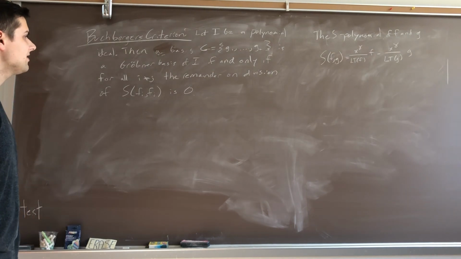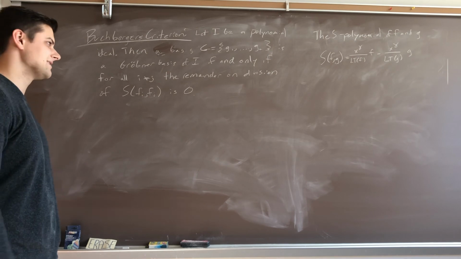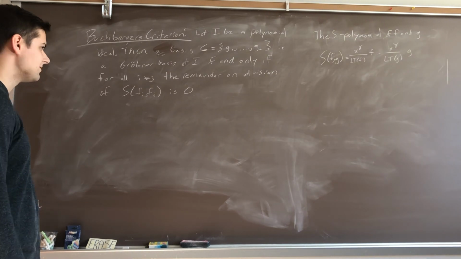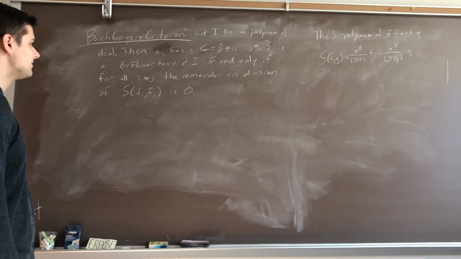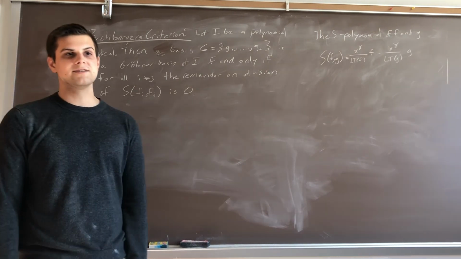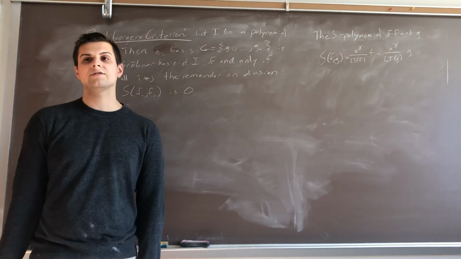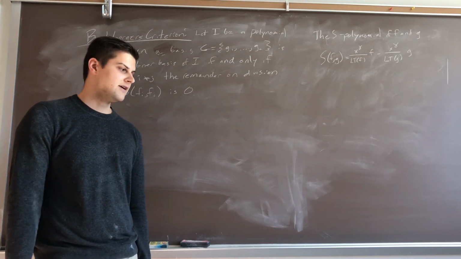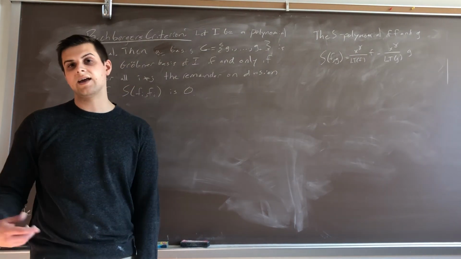Now, you might be looking at this and saying, if there's even 3 things in that basis, this is going to be a pain to compute. And you're right, but luckily we have computers, so we don't need to compute them. That's the main purpose of this: in addition to making it very easy for computers to check whether something's a Gröbner basis, it also yields an algorithm that lets us compute a Gröbner basis, given any basis.